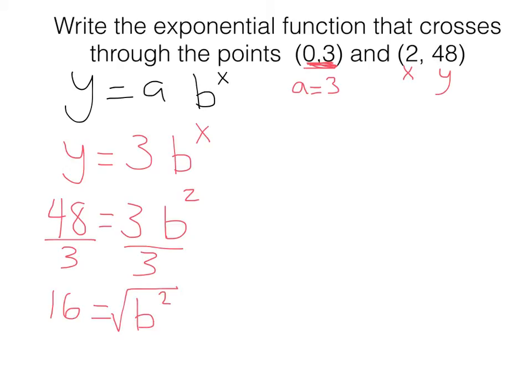Take the square root, b equals 4. So now we have our equation: 3 is your starting point, 4 is your rate of change. y equals 3 times 4 raised to the x power.